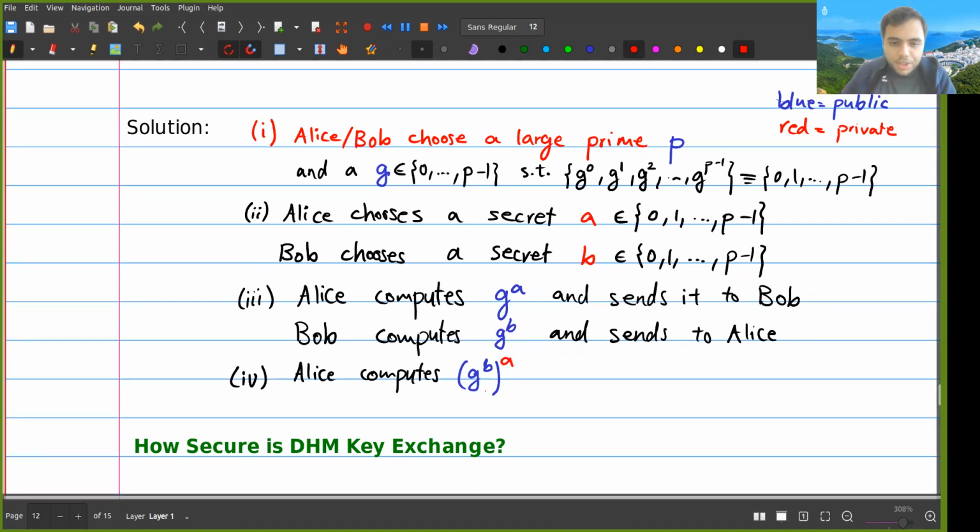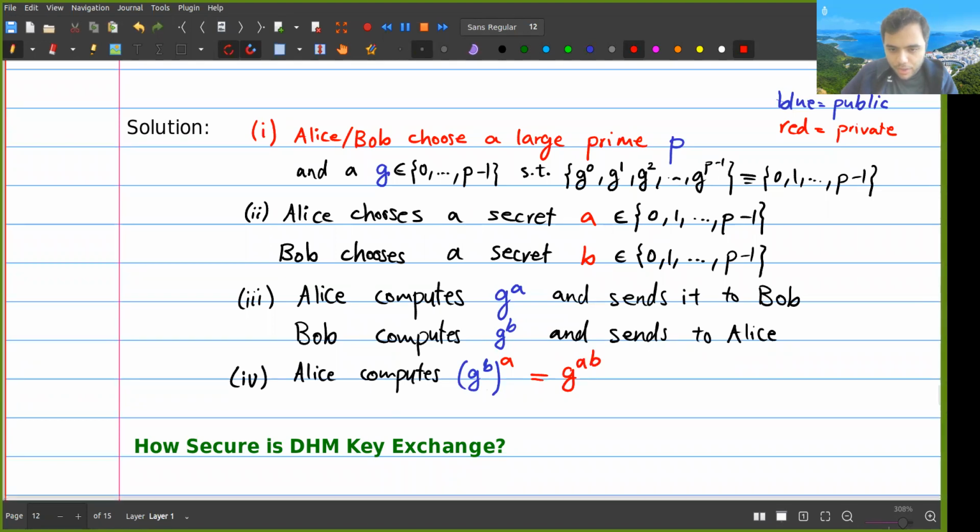So why can she compute this? Well, because G to the power of B was given to her by Bob. This was sent over the channel. And she knows the secret A. So she can just take this number and raise it to the power of A. And of course, this leads to G to the power of AB.